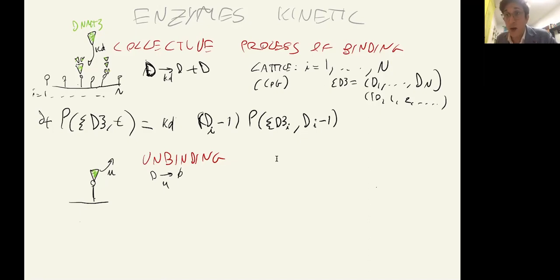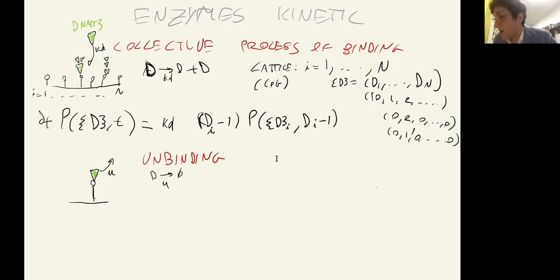This is why it will be proportional to D_i minus 1, and minus 1 because we want to arrive at D. So if at the same time we want to arrive at a vector 0, 2, 0, 0, 0, we arrive at it from 0, 1, 0, 0.